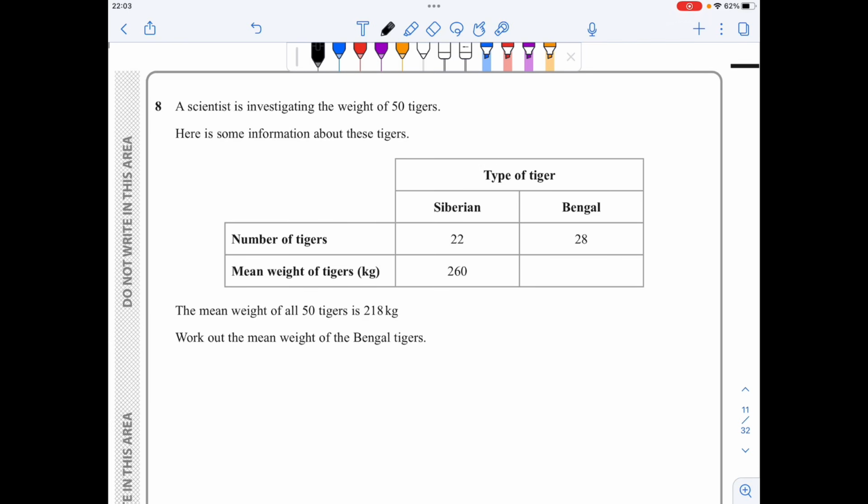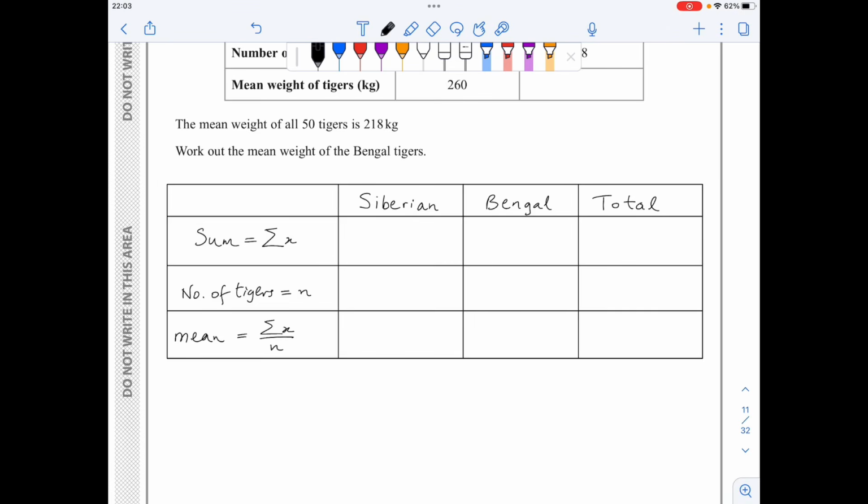For question 8, I'll copy this table, add another row and another column. The extra column is to denote the total, and the extra row is for the sum, which is equal to sigma x, that can be found by rearranging the formula for the mean. So sigma x is equal to mean times n.